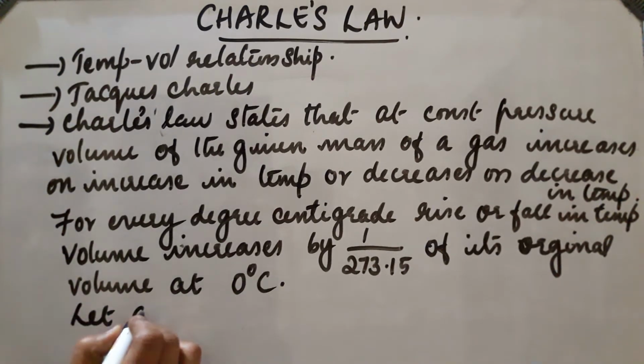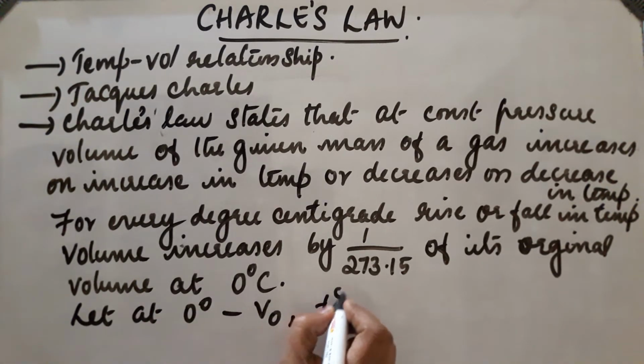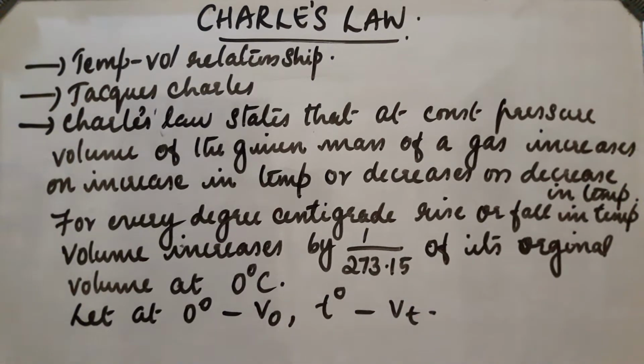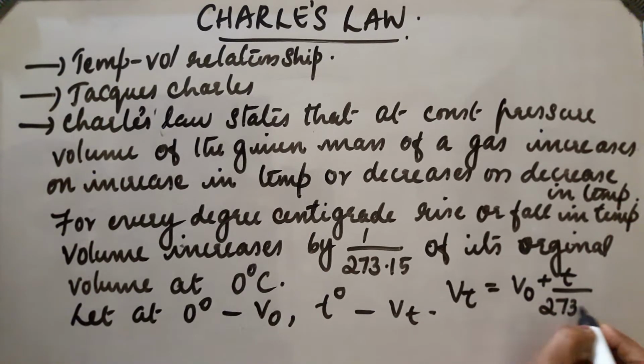Let at 0 degrees Celsius, volume be V0, and at T degrees Celsius, volume be Vt. So, Vt, the volume at T degrees Celsius, will be equal to V0 plus T by 273.15 times V0.